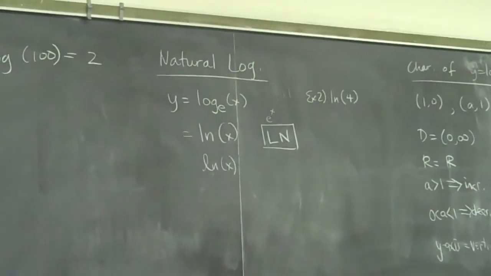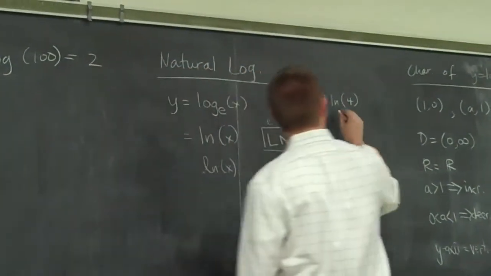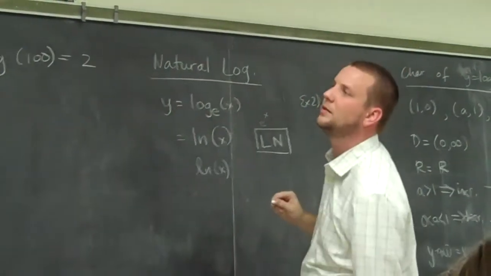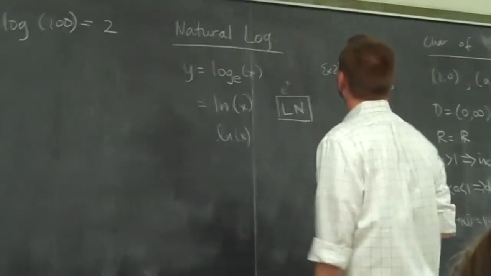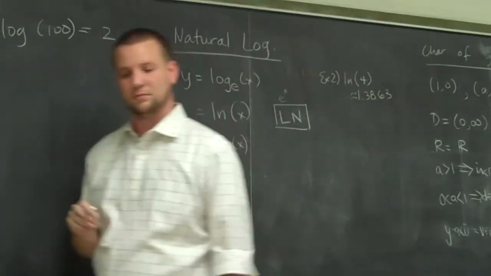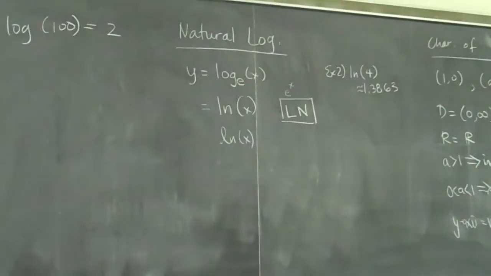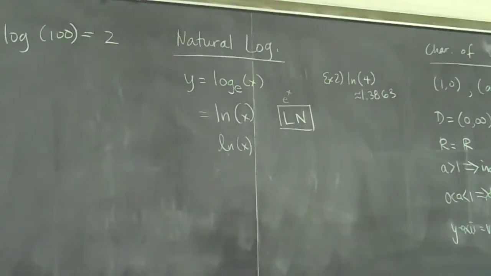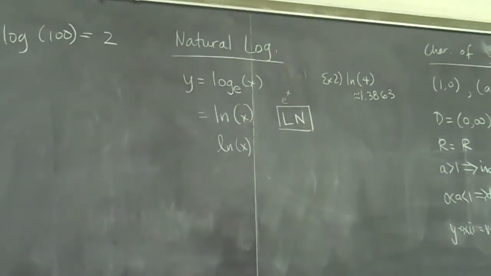All right, so the natural log of 4 is about 1.3863. That's what your calculator says too, isn't it? Not just mine?